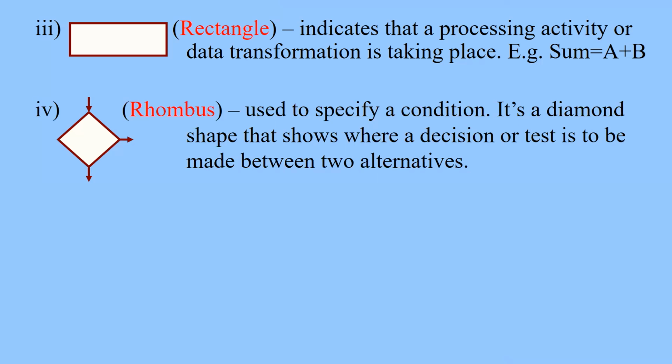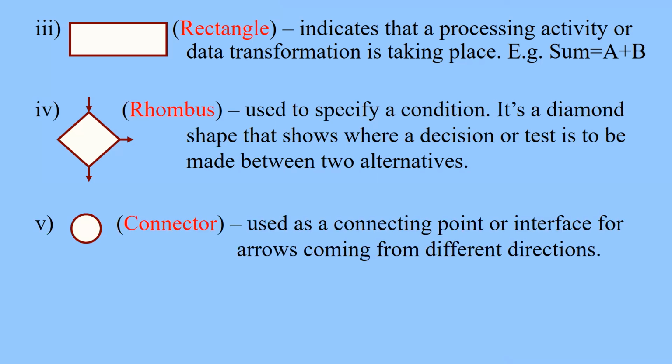Then we have this other symbol. This symbol, we call it a connector. It is used as a connecting point or interface for arrows coming from different directions. So if you have several alternatives being taken within your flowchart and you have several paths or routes to follow, at the end of the day, they should be connected together before you exit the program.